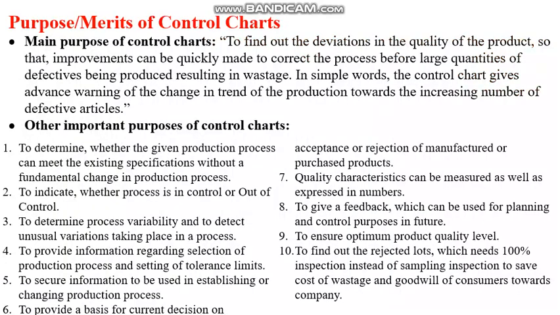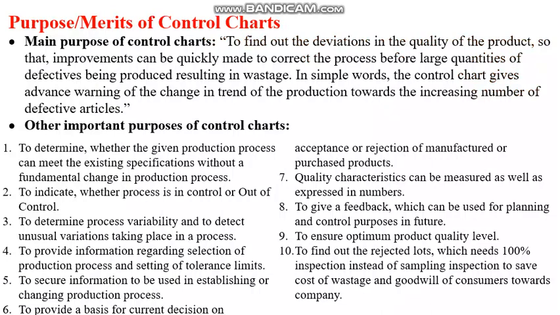Now let us see the purpose or the merits of the control chart. The main purpose of the control chart is to find out deviations in the measurement of any quality characteristic of the product, so that improvements can be quickly made to correct the process before large quantities of defectives are produced, resulting in wastage.